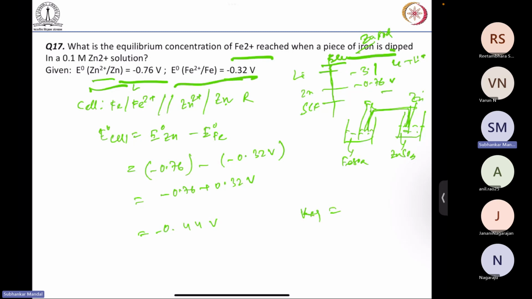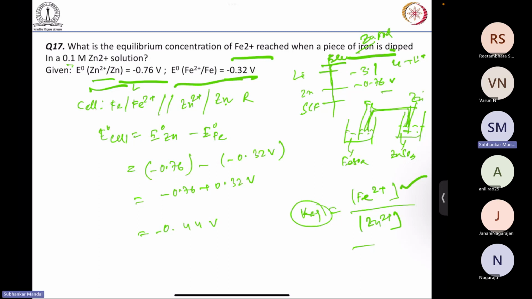Zinc plus Fe2+ going to Fe, so Fe2+ concentration divided by zinc 2+ concentration. The zinc concentration is given. So if we calculate the equilibrium constant, then we can get the concentration of Fe2+.